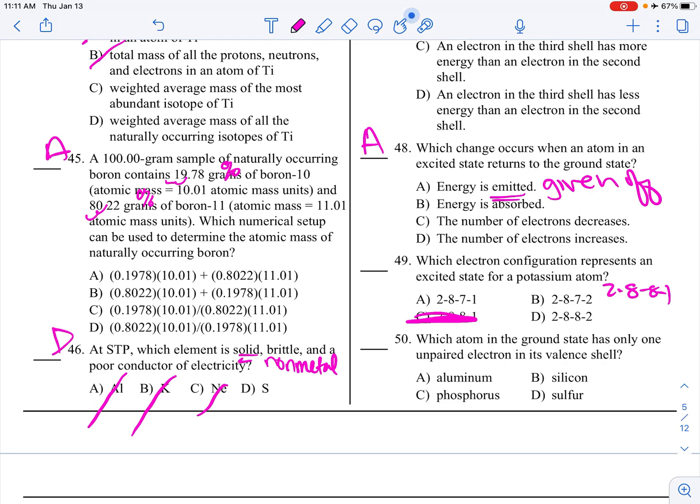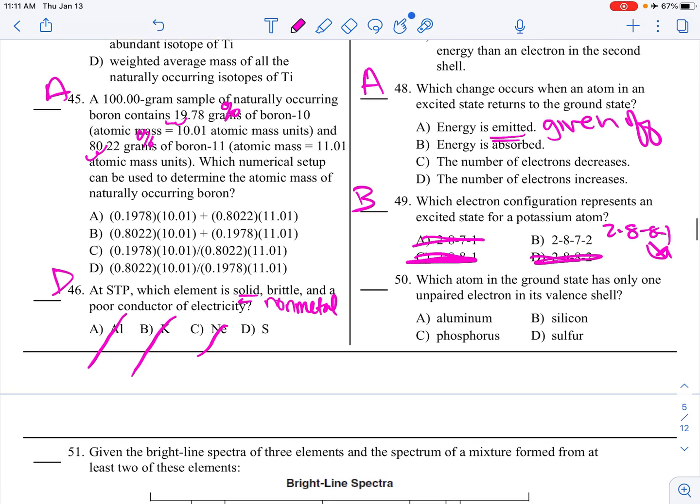That's 14. Hold on. 2 plus 8 plus 7 plus 1. Oh, that's 18. Okay, so that's not it. Not the same number. 2 plus 8 plus 7 plus 2 has 19, so that could be a choice. 2 plus 8 plus 8 plus 2 is 20, so that's too many. So see why B is the choice? It looks like one of our electrons from the third shell jumped up to the fourth shell. So it's the same number of electrons, just a different arrangement.